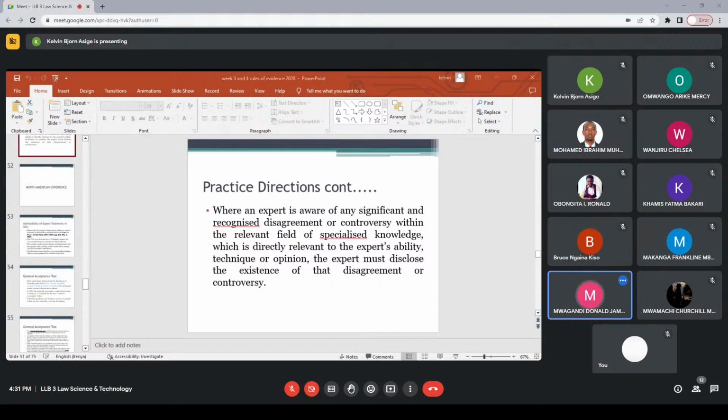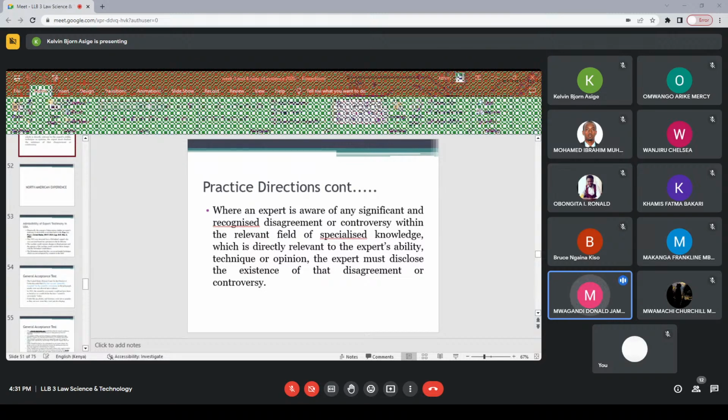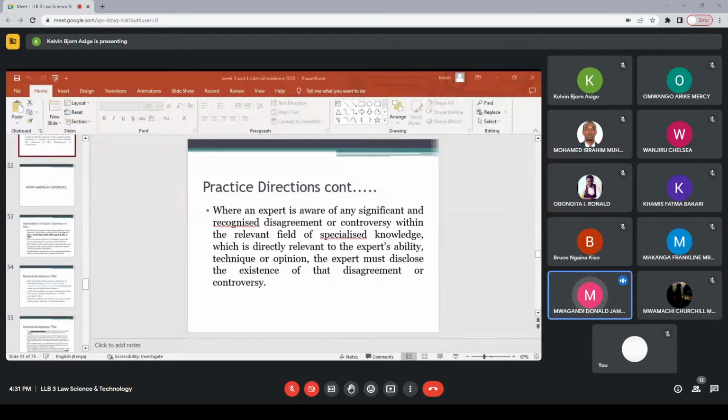And I believe, and I stand corrected, because I have done my research on this issue. But if we are to rely on such things, then maybe we check them out from other Commonwealth jurisdictions like this one. I don't think there is a tangible Kenyan law that explains the evidence.